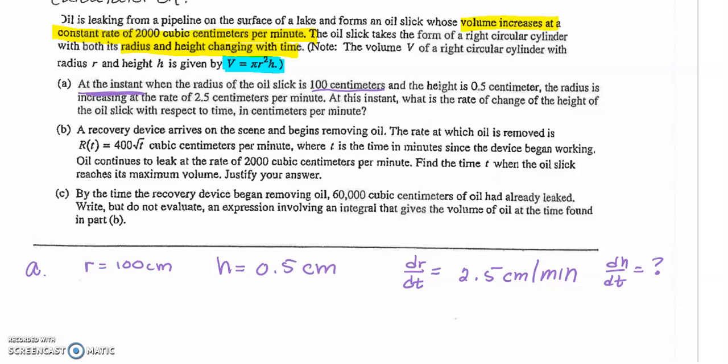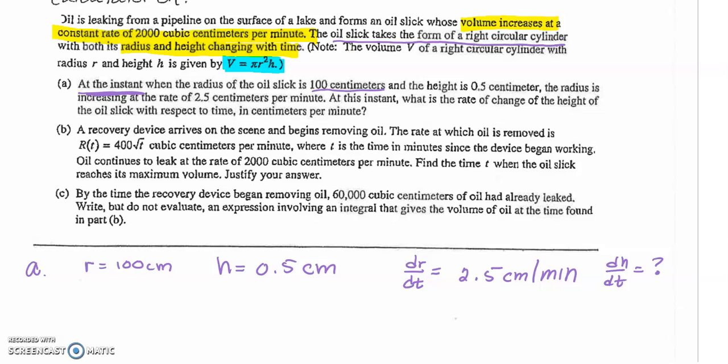The difference in this problem is that the oil slick takes on the form of a right circular cylinder. Imagine that oil filling: that circular base doesn't stay constant, it spreads out. So the radius does change in this situation. It doesn't have that rigid form, and you've got to think about that.